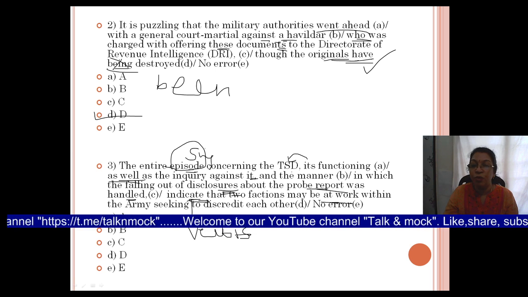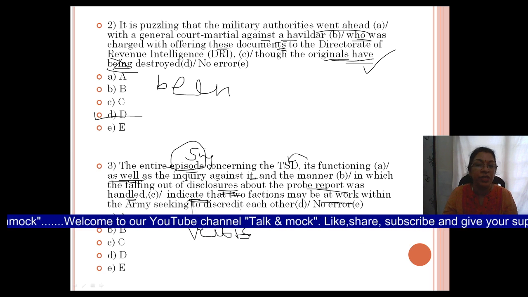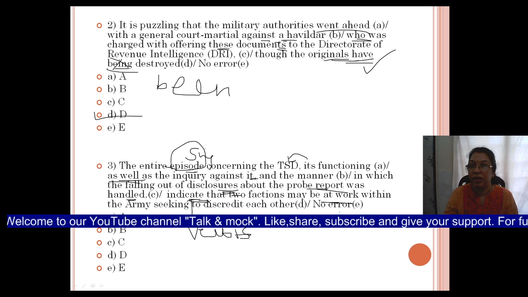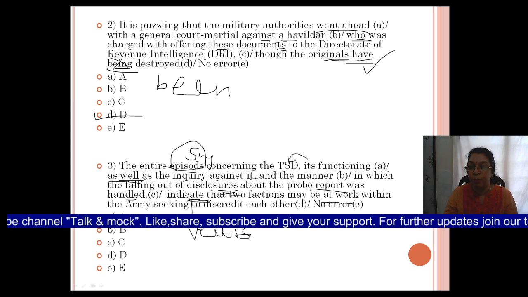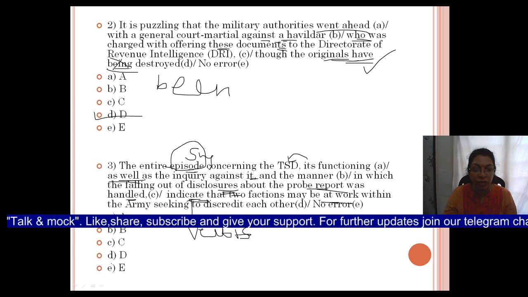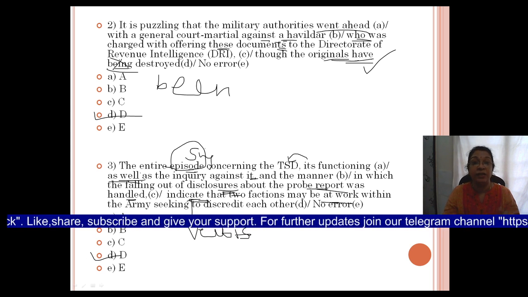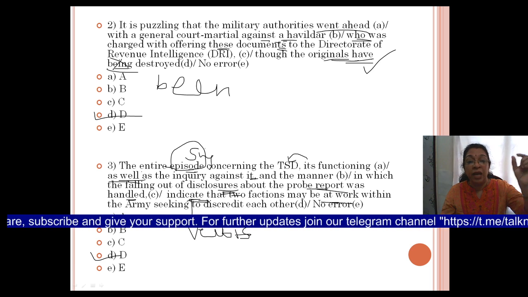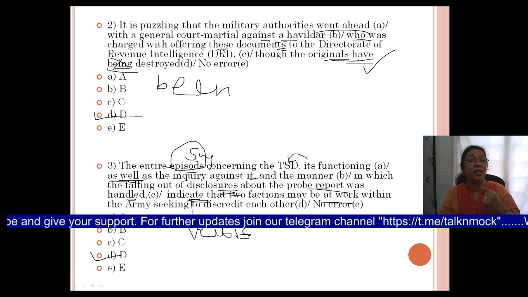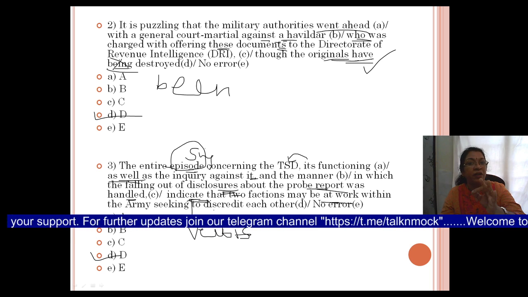Indicates that two factions may be at work within the army seeking to discredit each other. No error. So now the error is in subject verb agreement. So part D has got the error. Part A has the subject and part D has its corresponding verb.